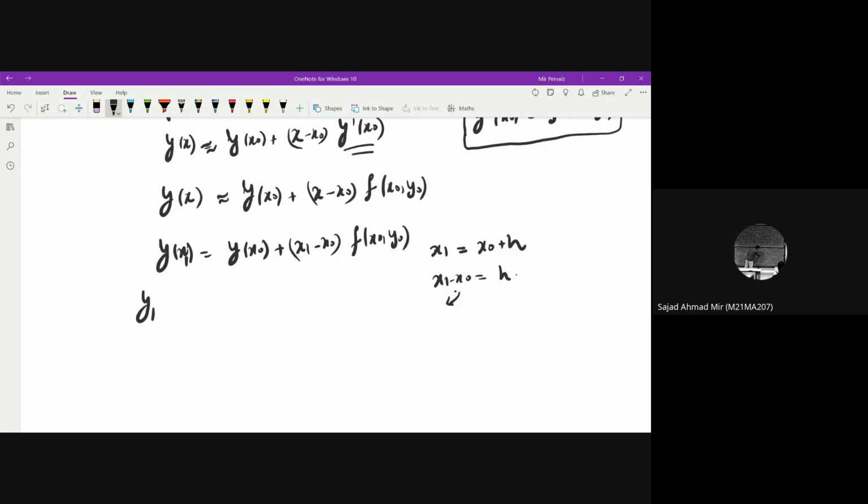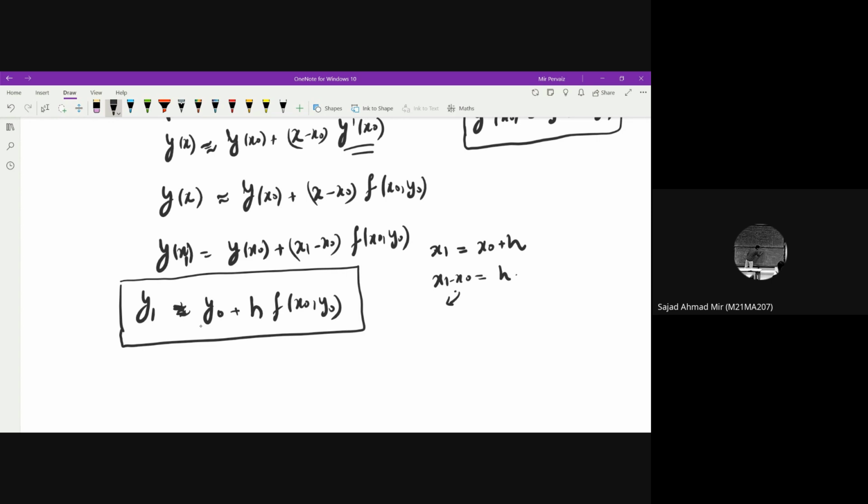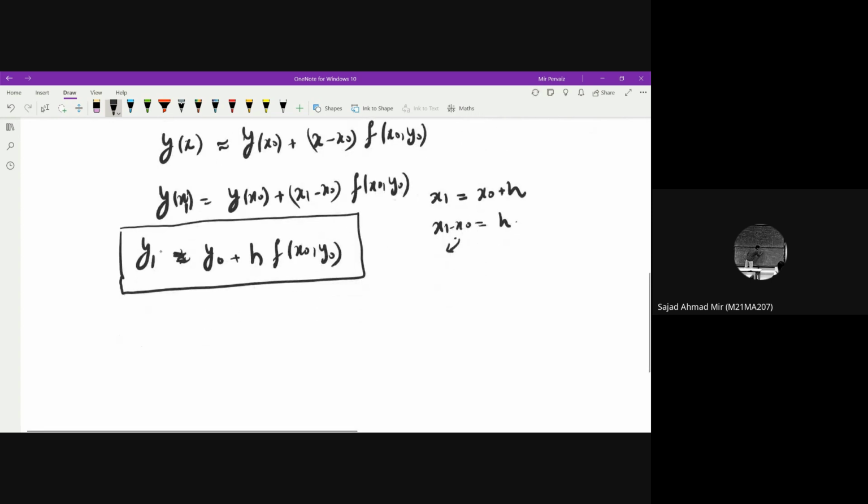So y1, which is y at x1, is approximated as y at x0 plus h, the step length, times f of x0 comma y0. So your value at the next point can be written as a numerical scheme. It depends on the previous value, the step length and the value of the derivative at that point. Now you can go for other points also.